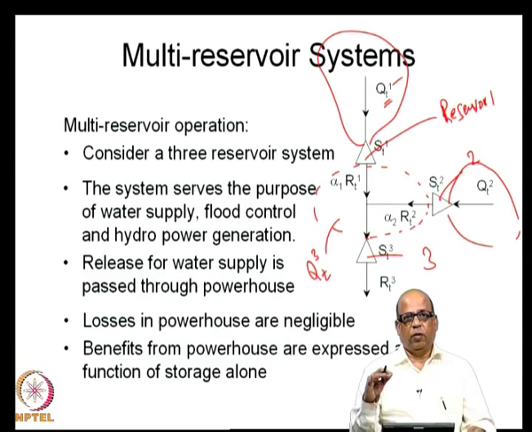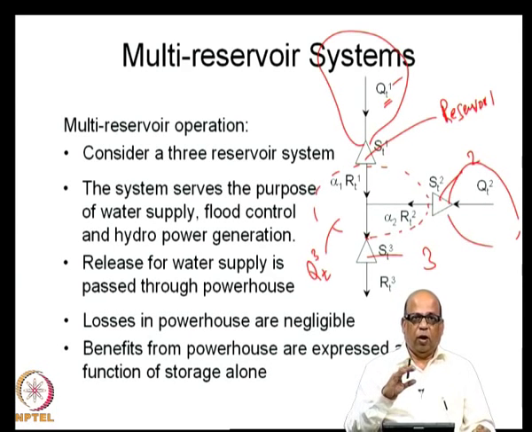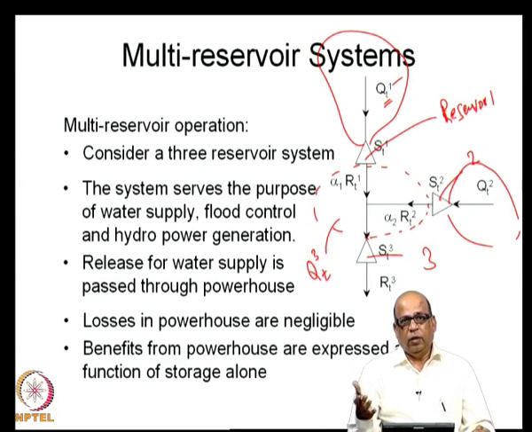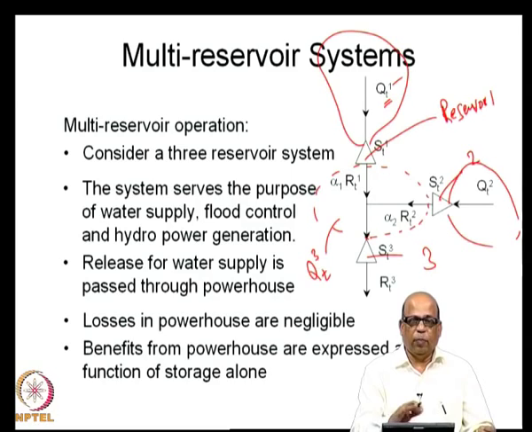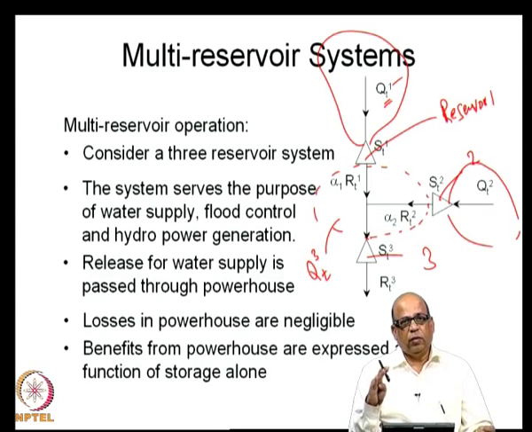In general, for hydropower generation, the benefits in terms of the power that you can generate are a function of both the storage as well as the release through the penstocks, because you can recall gamma QH is the power that is generated, where Q is the discharge, H is the head and gamma is the unit weight of water, and therefore, the power that is produced is proportional to both Q as well as H. Whereas, in this particular problem for demonstration, we will say that the benefits or the returns that you get from hydropower are simply related to the storage.